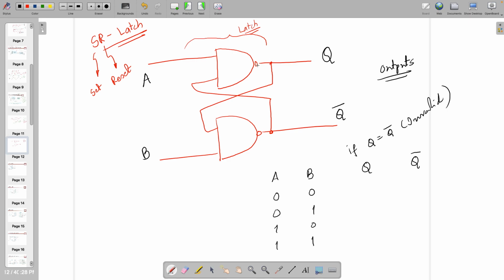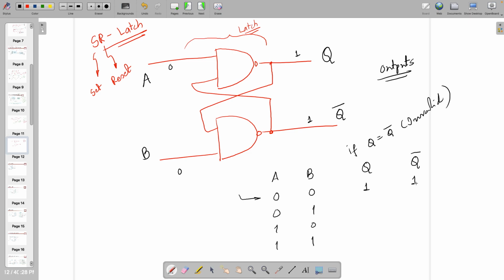If I apply any input as 0, output is 1 irrespective of the other input. Do you agree? So any input is 0, output is 1. Let's look at that. This one 0, this one 0. So outputs are 1. At the first instance itself we got the invalid output. We should not have this one, right? But still we can write it down because we know that this happens.